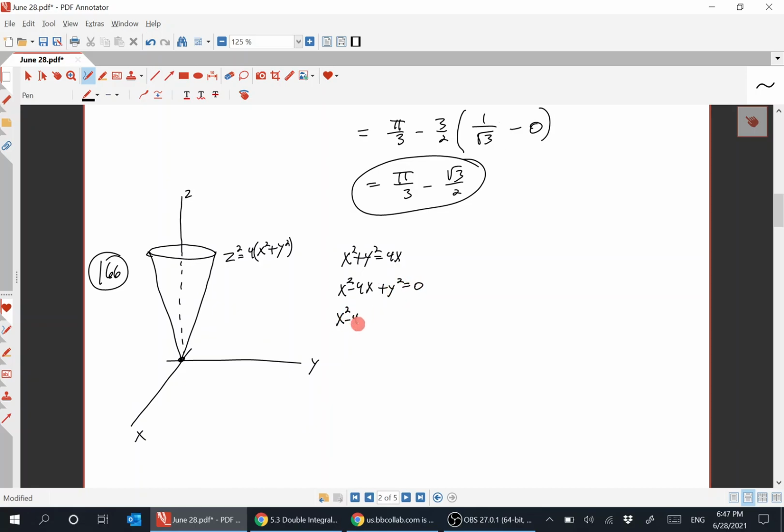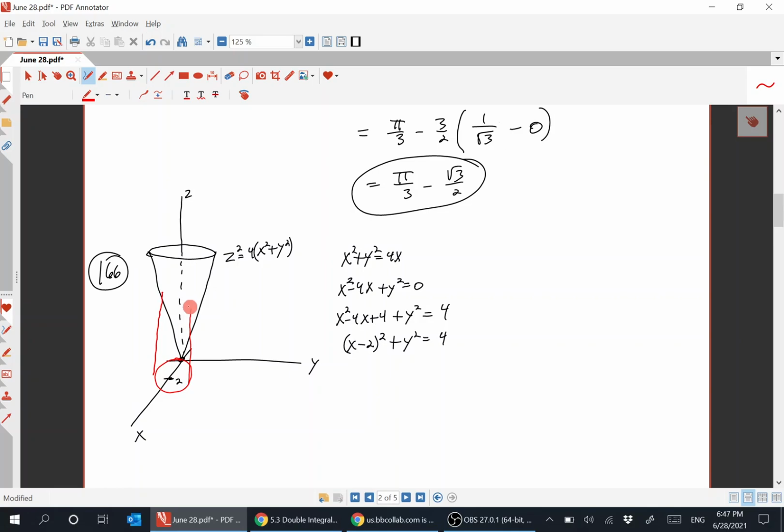So x squared minus 4x plus 4 plus y squared is 4. So this is x minus 2 squared plus y squared equals 4. This is the circle whose center is at 2 on the x-axis and whose radius is 2. So the cylinder, maybe I should do it in red, is here.